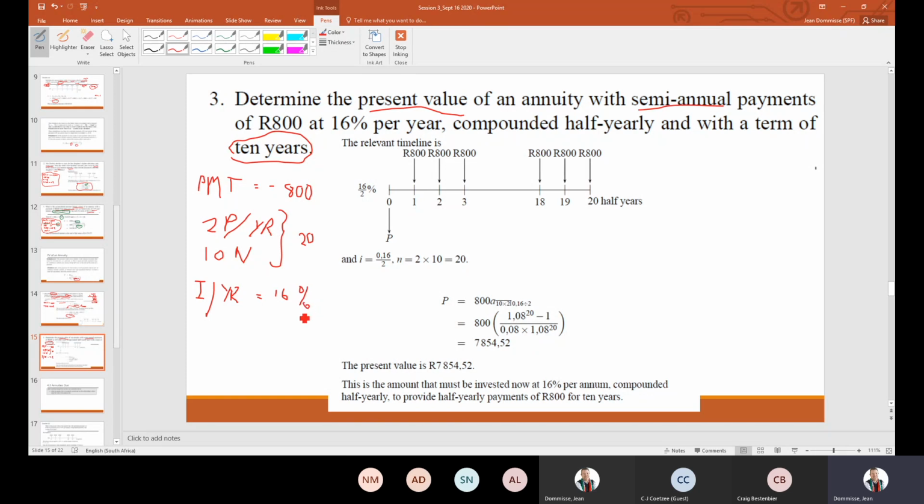So again, instead of just clearing everything, I would just go 0 for my future value. I will go negative 800 for my PMT. 2 times a year for 10 years, that is 20 periods.